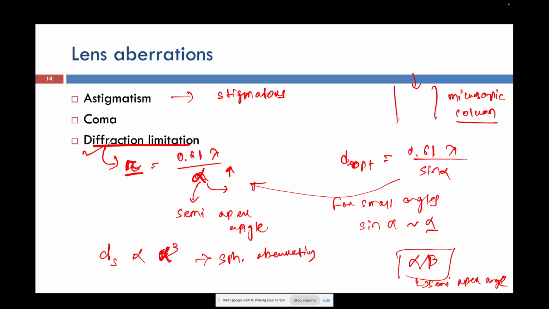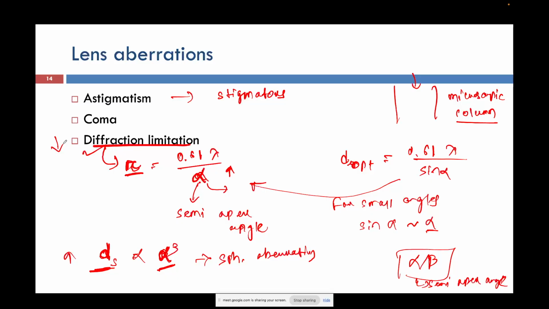But increasing this semi apex angle increases the effect on ds, the diameter of the plane of least confusion, due to spherical aberration. So we are increasing the spherical aberration. In electron microscopy, you have to choose an optimum value of alpha so that you get a good image.